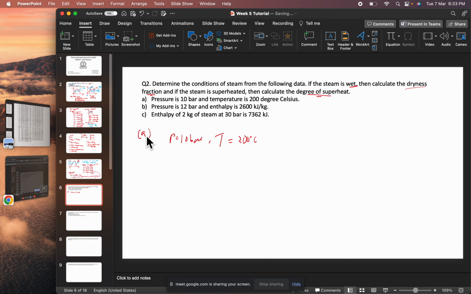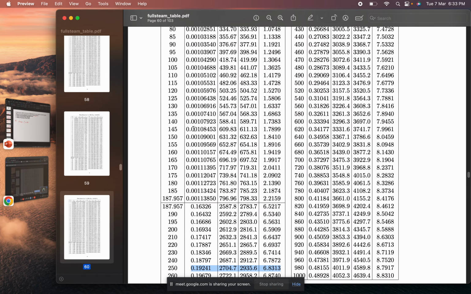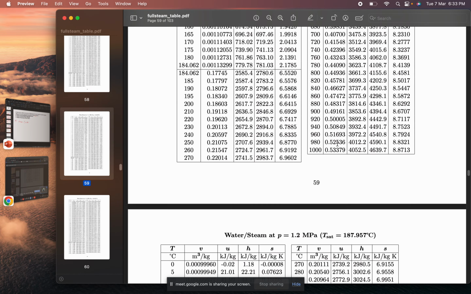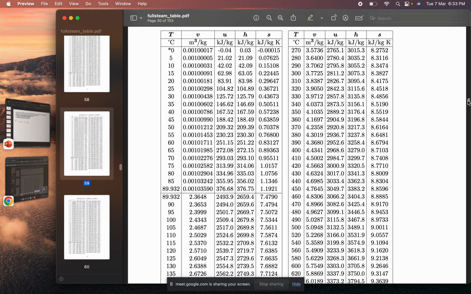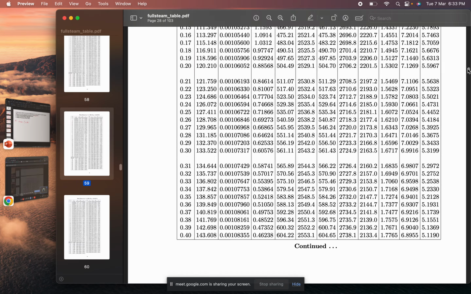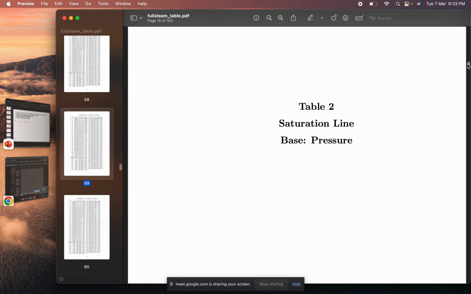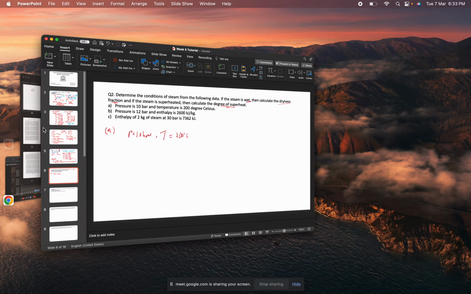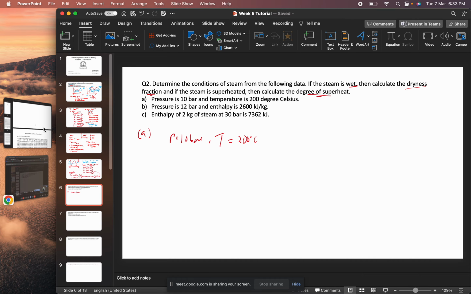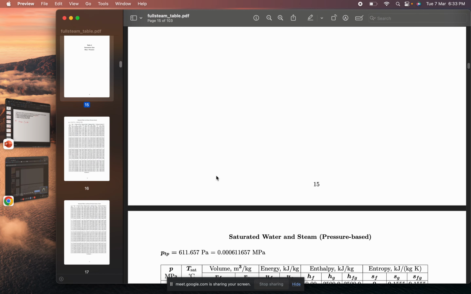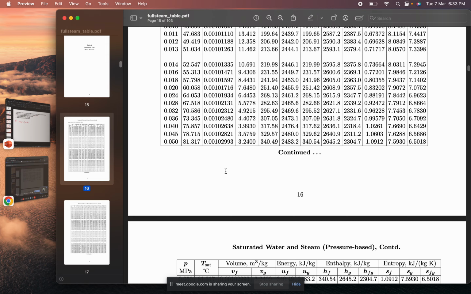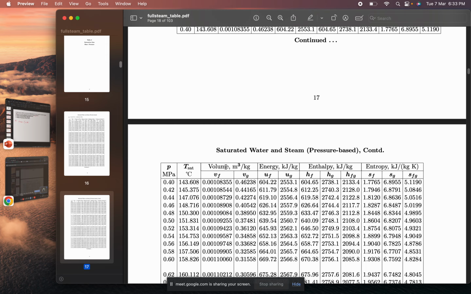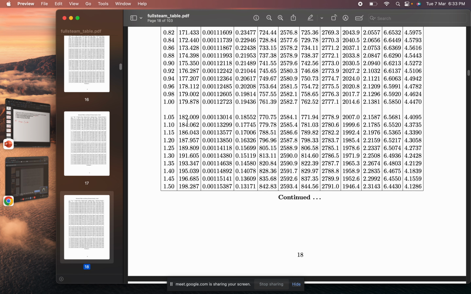So we have to go to the pressure chart. We go to the saturated line with a baseline of pressure. Our pressure given is 10 bar, that means 1 megapascal. So we move to 1 megapascal, and there we see that our saturation temperature is 179.878 degrees Celsius.